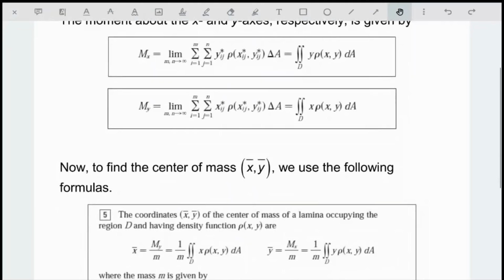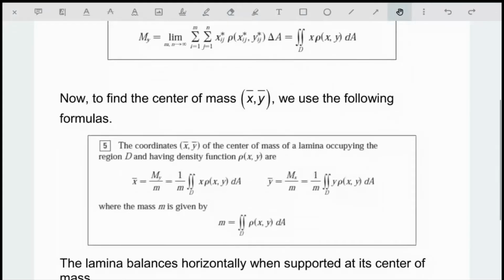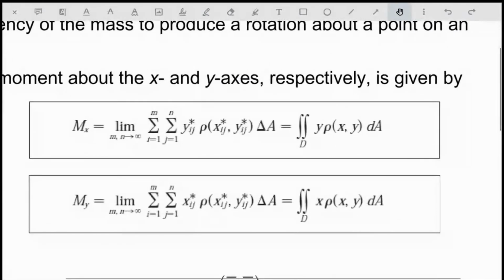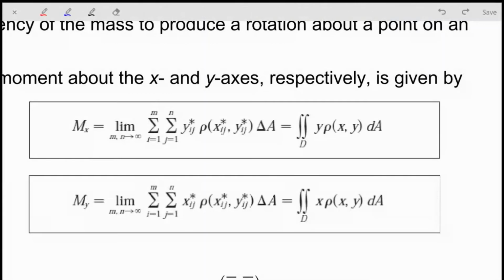Okay, so first thing we do is calculate the moment, and then to find the center of mass, we can just divide by our mass. If you look at what's happening here, for the x moment, we're multiplying y by our mass.